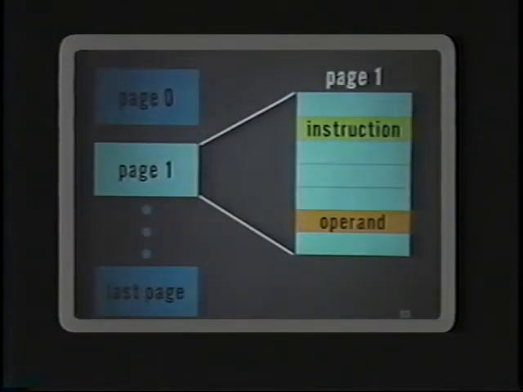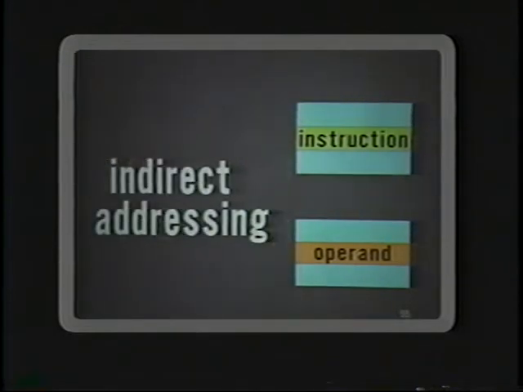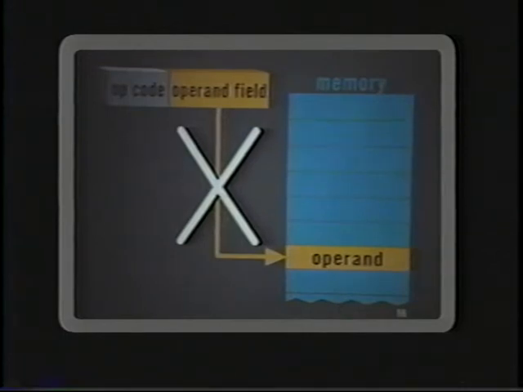In other computers, the instruction and the operand it is referencing are usually stored in the same page. This means that only a small portion of memory is easily accessible at any one time. Sometimes the instruction is stored in one page and its operand in a different page. When the instruction and the operand are stored in different pages, the operand is accessed by a method known as indirect addressing. With indirect addressing, the operand field does not point to the memory location containing the operand.